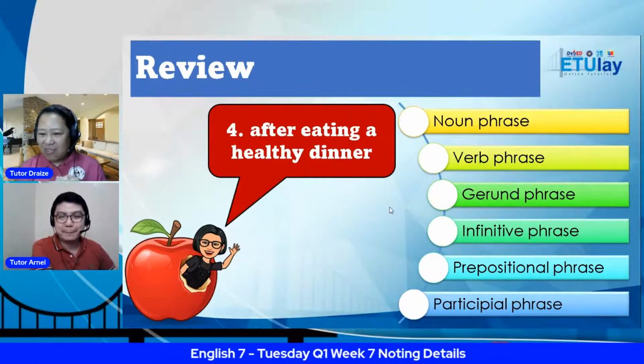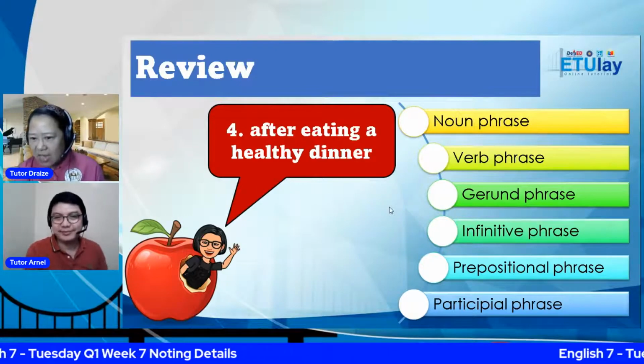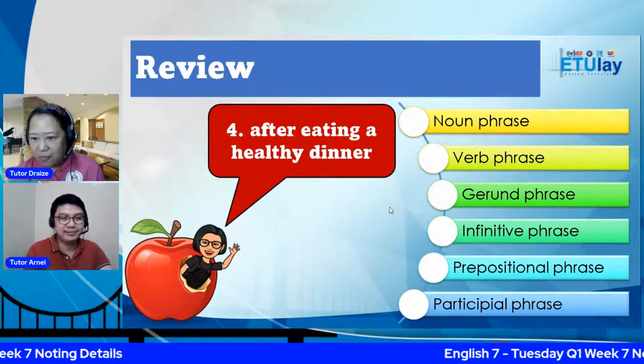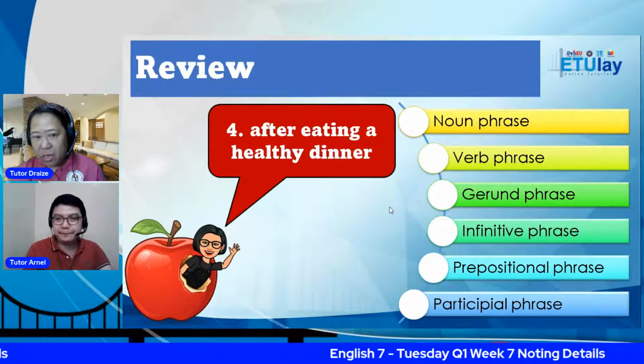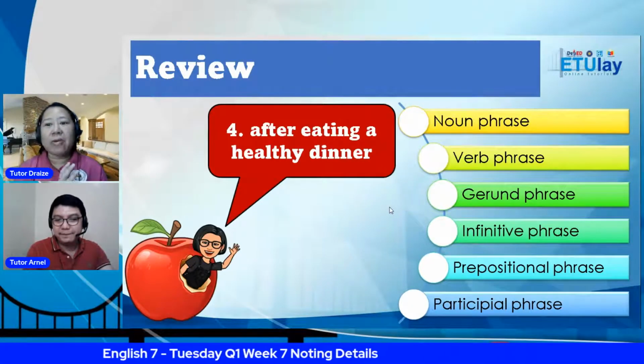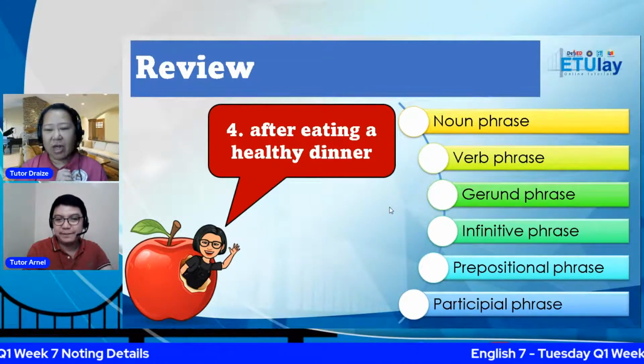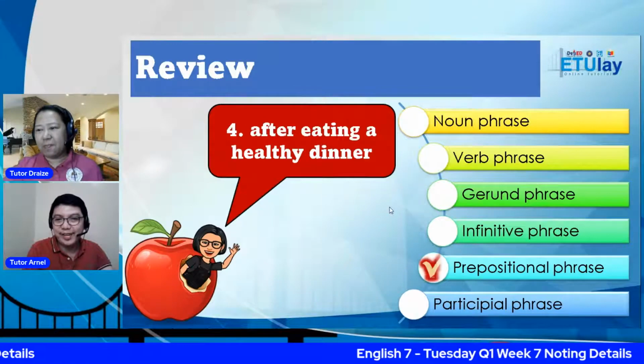So according to Giselle, the answer is a gerund phrase. And then Danette is also saying it's a gerund phrase, but according to Cyrus, it's a prepositional phrase, and the same with Trisha. So which is correct, Tutor Arnel? All right, let's check the correct answer.